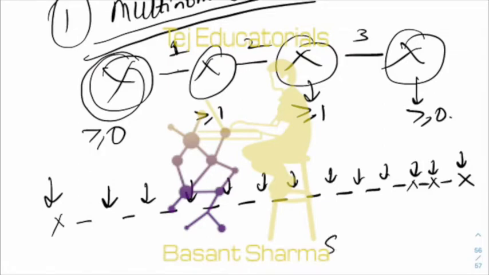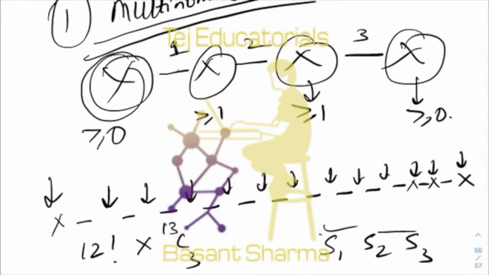Suppose the 3 stations are S1, S2, S3, and I want to say that no 2 of them should be together. By the gap method, what would you have done? You would have permuted the remaining stations in 12 factorial ways, and then out of the 13 gaps, you would have selected 3 gaps and permuted the 3 stations in 3 factorial ways. This was the gap method.